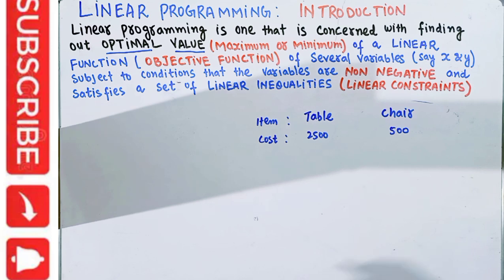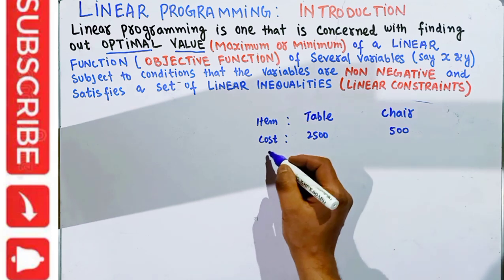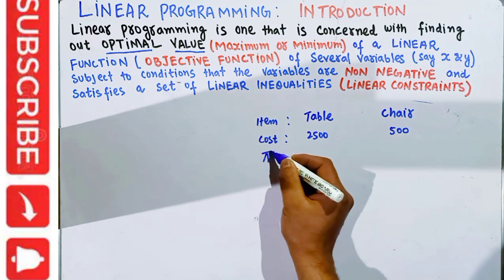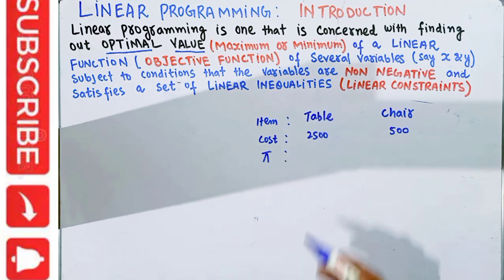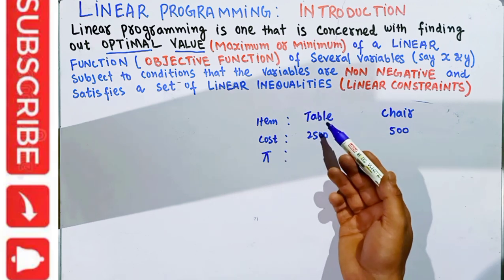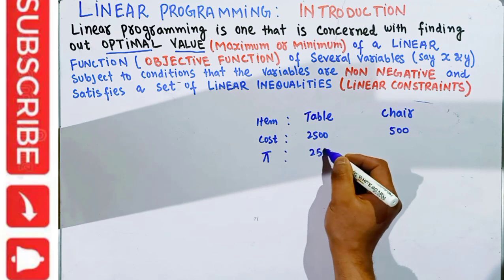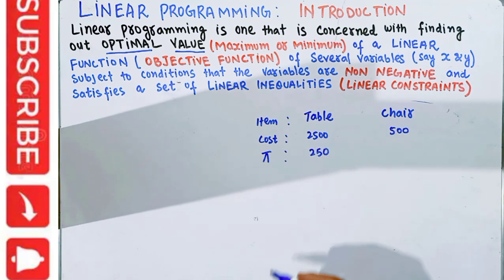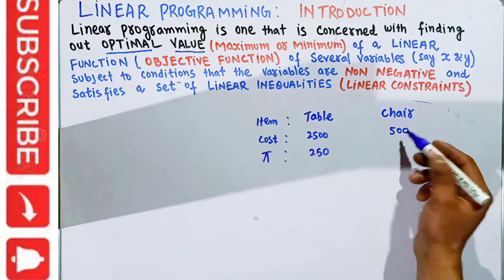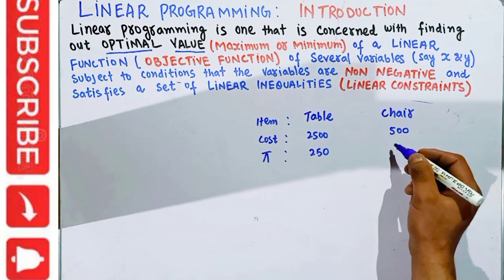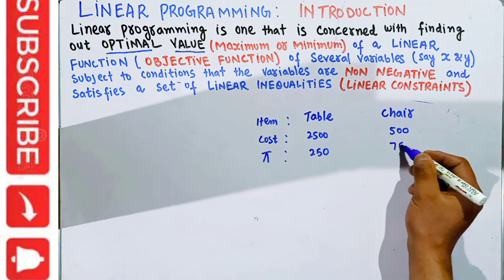Also, let us suppose he makes a profit of $250 from selling a table, and the profit from a chair is $75.